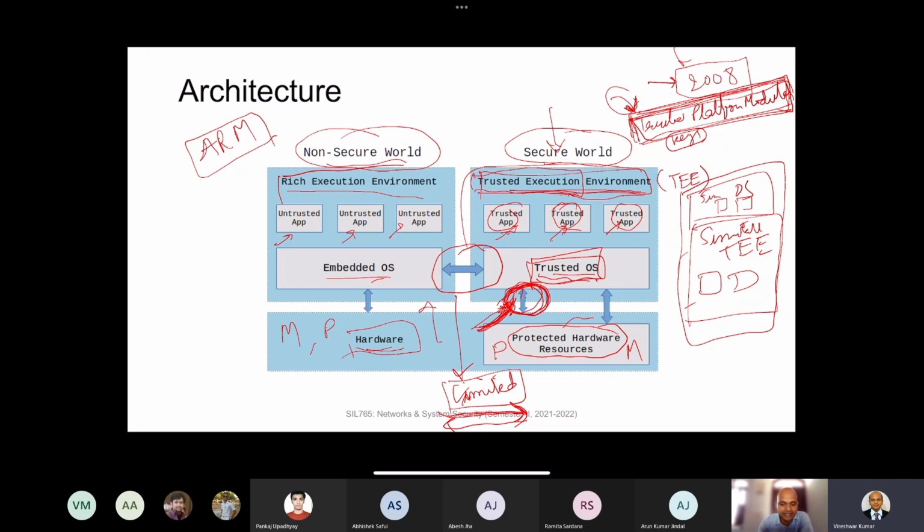What I'm saying is that if the whole non-secure world gets compromised, and you have a secure world with all the required trusted applications running, then you can recover the whole non-secure world operating system as well.